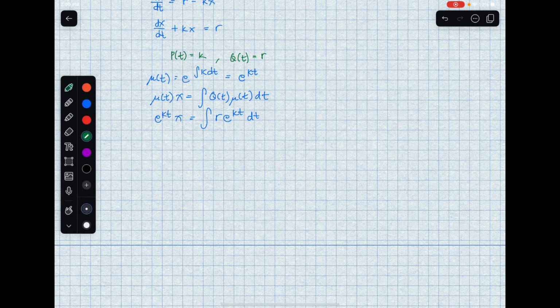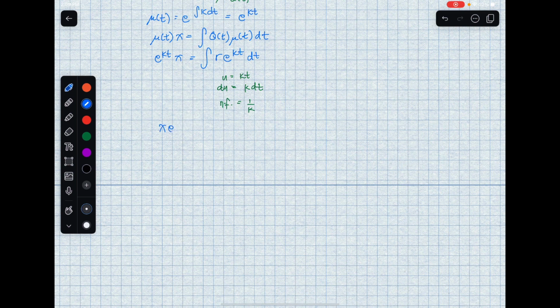In here, our u is kt, so our du is k dt. So what we only have there is dt. r is considered to be constant. Therefore, our integrating factor would be 1 over k. Thus, we have x e raised to kt is equals to r times 1 over k, and then e raised to kt, its integral is still e raised to kt, and of course, plus c.